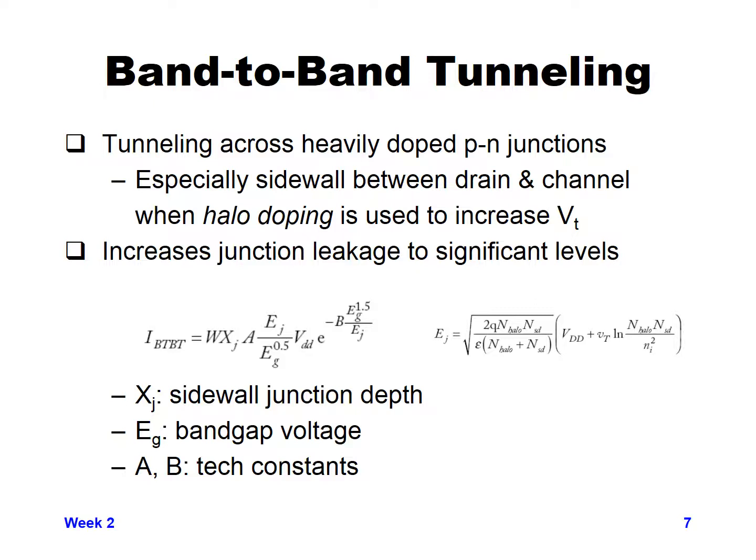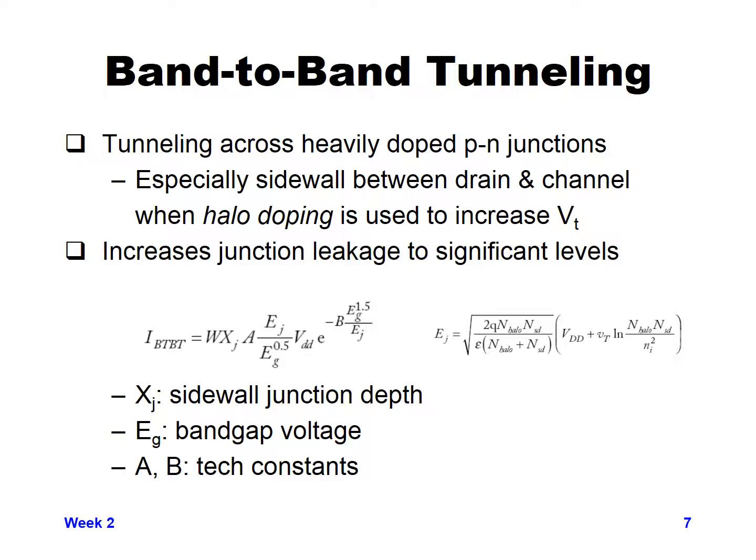Now, the band-to-band tunneling effect, this is tunneling that occurs across heavily doped PN junctions. The most heavily doped PN junctions that we have in modern processes are the P plus and N plus diffusions for our transistors. This is especially true in the sidewall between the drain and the channel of the transistor.